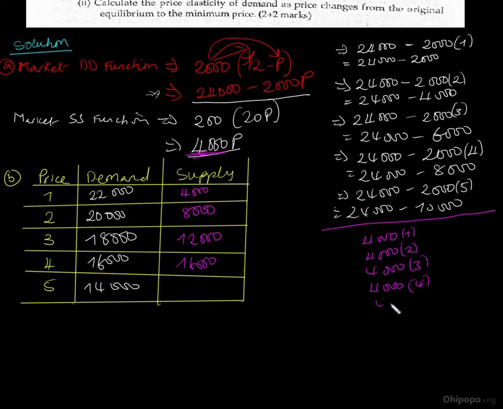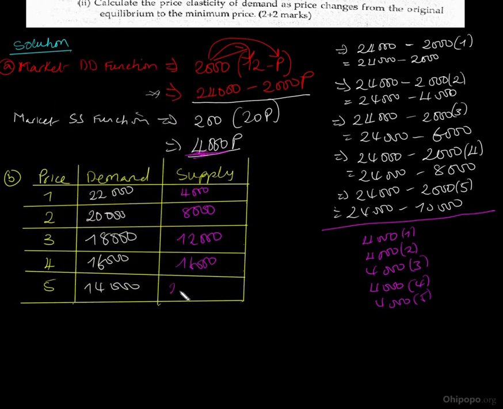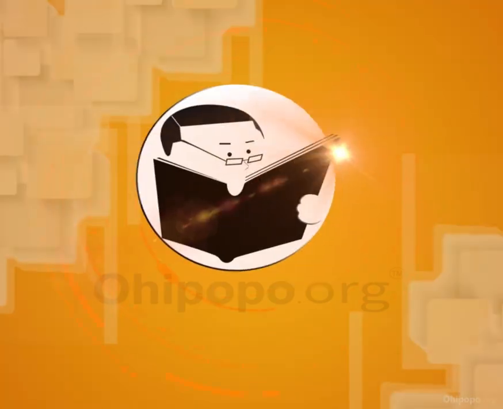Now at price 5, 4,000 times 5 is equal to 20,000. So that is the demand and supply schedule. Let's go back to the question.